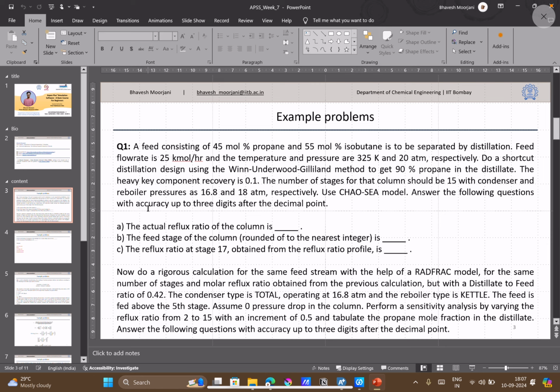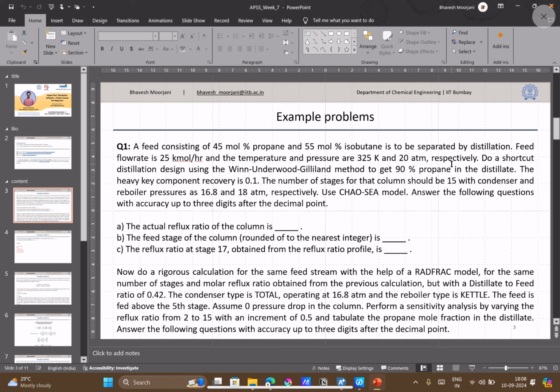The problem statement says that a feed consisting of 45 mole percent propane and 55 mole percent isobutane is to be separated by distillation. Feed flow rate is 25 kmol/hr, and temperature and pressure conditions are 325 Kelvin and 20 atmosphere.